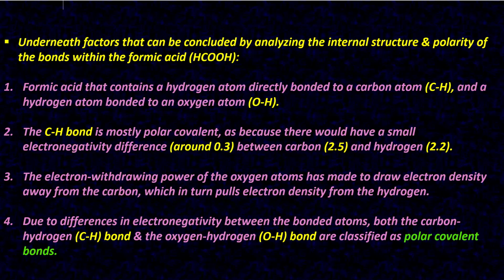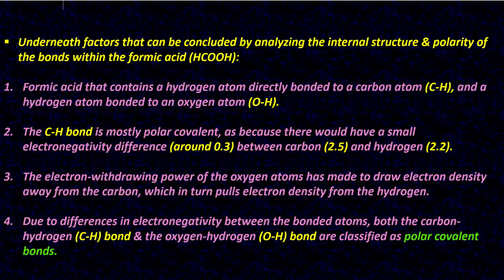The following factors can be concluded by analyzing the internal structure and polarity of the bonds within formic acid. Number one, formic acid contains a hydrogen atom directly bonded to a carbon atom and a hydrogen atom bonded to an oxygen atom.